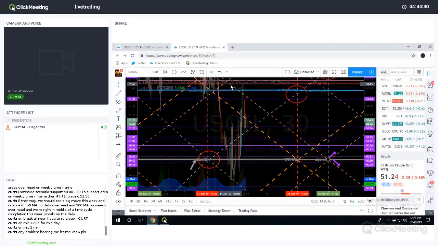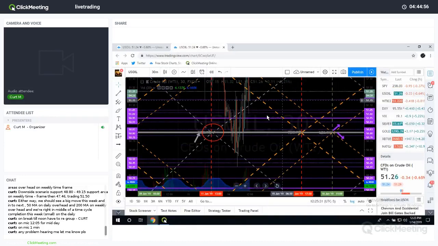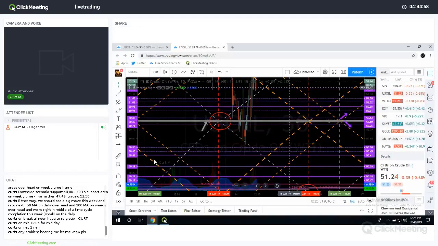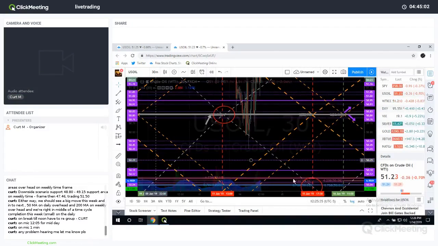The top of the channel would be here on a downtrend. Got just up over it here earlier. And the bottom, which would be your support, right? So if it starts to sell off, you want to be really careful to watch this. This would be your support down in here.